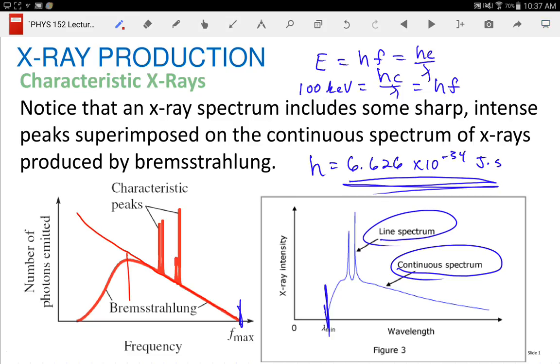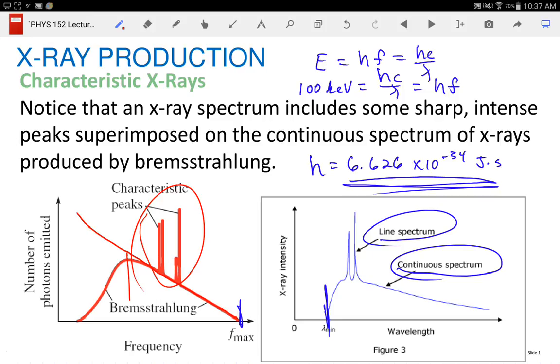Because for that to happen, an electron had to come in and actually interact with a tightly bound electron and free that tightly bound electron, or at least raise it to a higher energy level, leaving a low energy state available. And then some lucky electron says, whee, I'm going to the lower energy state. And when it drops to the lower energy state, the difference in its energy is given off as light. And so these characteristic peaks are the peaks from electrons falling from like n equals 3 to n equals 1.